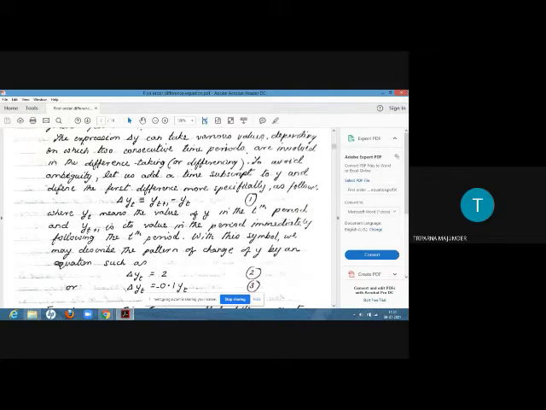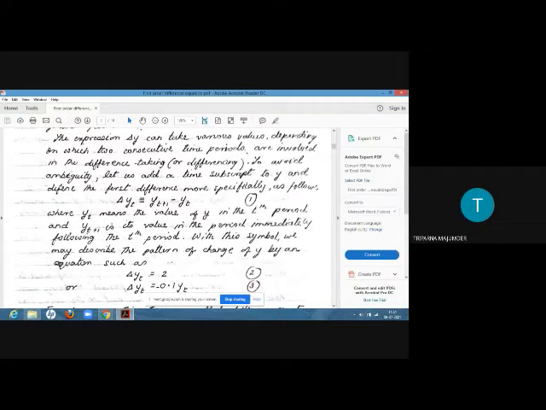To avoid ambiguity, let us add a time subscript to y and define the first difference more specifically, like delta yt is equal to yt plus 1 minus yt, where yt means the value of y in the tth period, and yt plus 1 is the value of y immediately following the tth period.